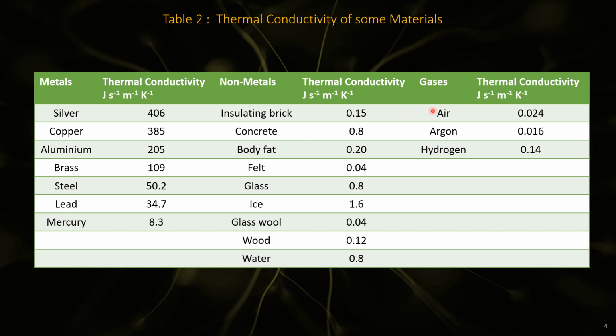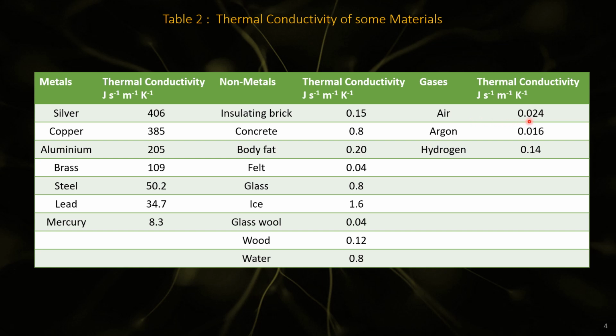Similarly, a list of three gases like air, argon and hydrogen are given here in column number 5, and their thermal conductivity in terms of joules per second per meter per Kelvin is also listed. So air has a thermal conductivity of 0.04.